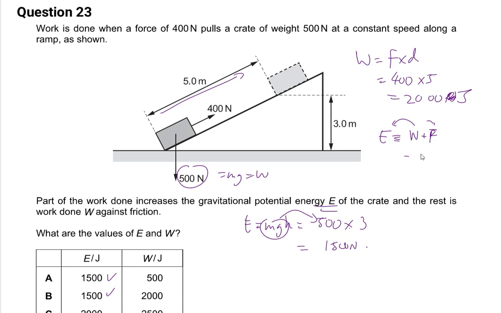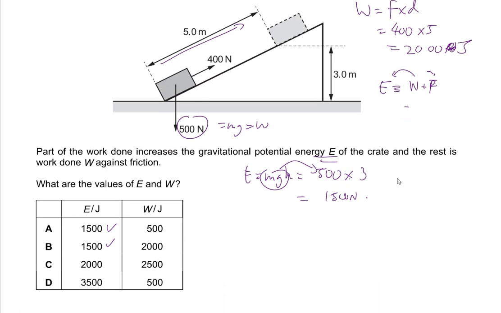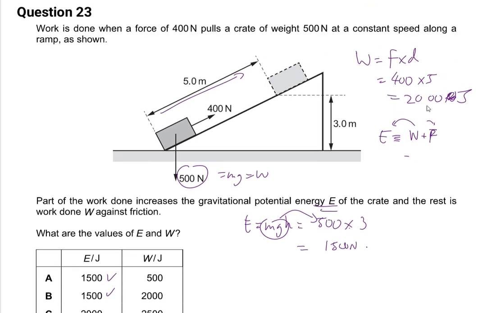Now let's take a look at this one here. What is the work that is being done? Now the total work done when we calculated it is 2000. However, the question is hinting us that there is indeed friction going on.